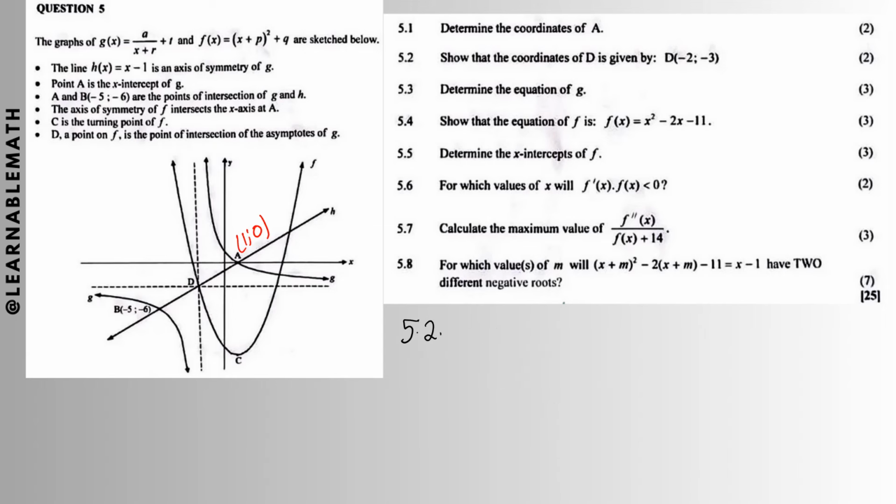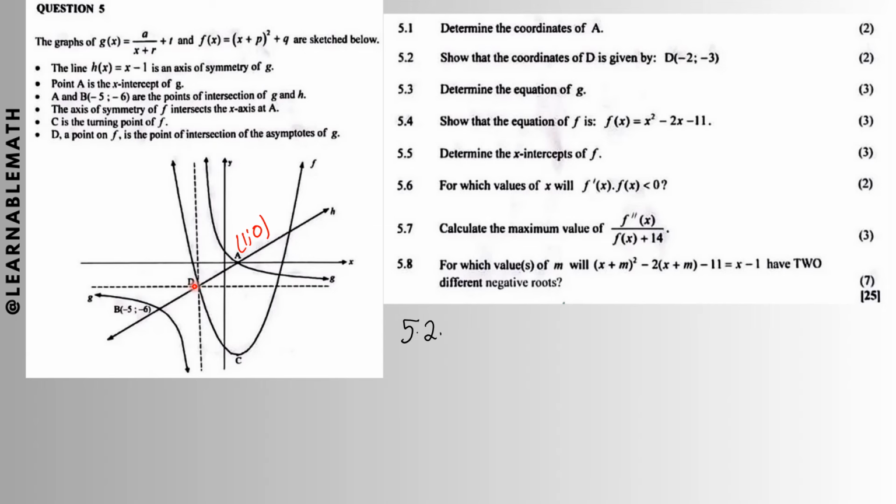Okay, for 5.2 now, it says show that the coordinate of D is given by (-2; -3), right? If you check, coordinate D is there. We are told that D is the point of intersection of the axis of symmetry of the graph of G, right?